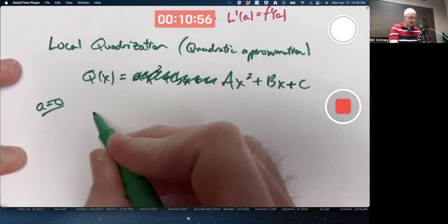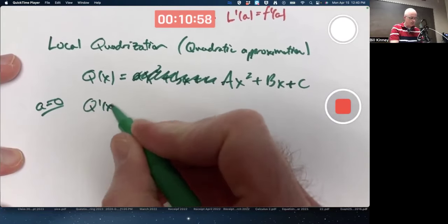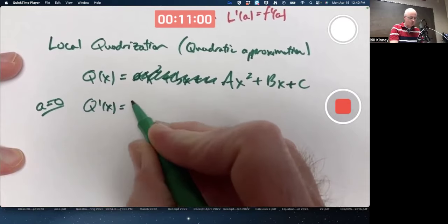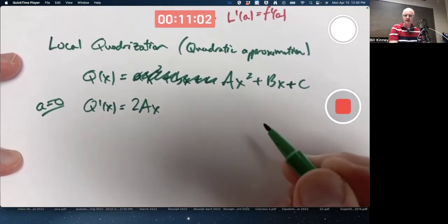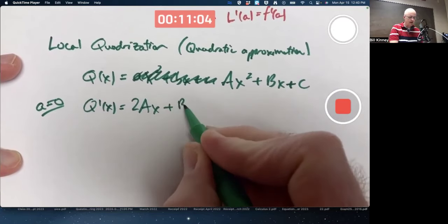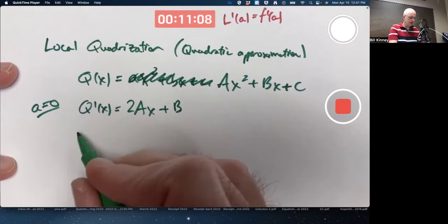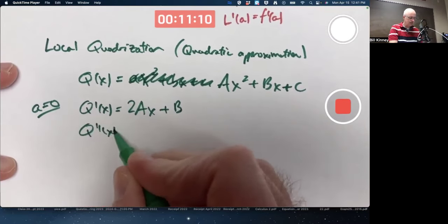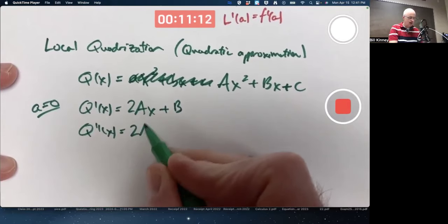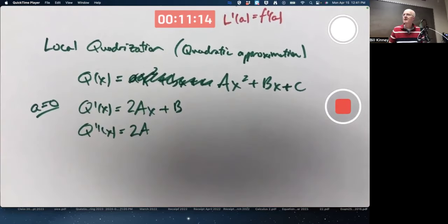To do that, I guess I better differentiate Q. Q prime would be 2Ax plus B, a linear function. When you differentiate a quadratic, you get a linear. Q double prime of x is going to be a constant function, 2A. The second derivative of a quadratic is a constant.